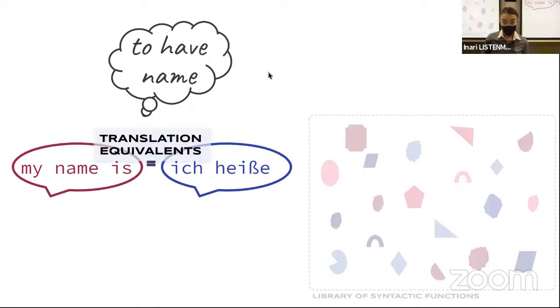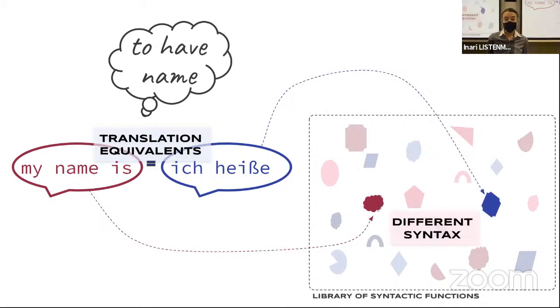And what does this mean? On the level of abstract syntax, these two, "my name is" and "ich heiße", are translation equivalents. Why is that? Because they relate to each other via the shared abstract syntax. The abstract concept to have name is realized in one way in English, another way in German.